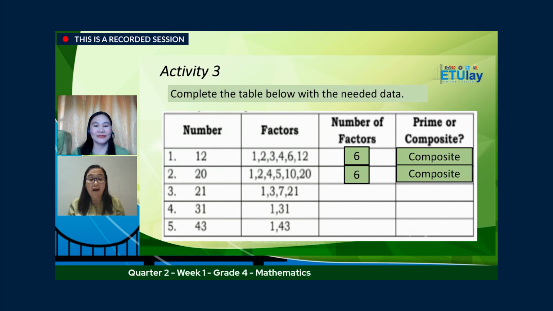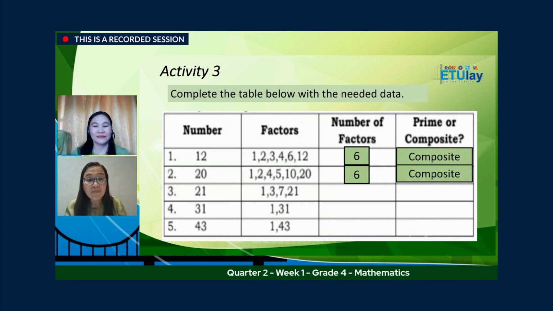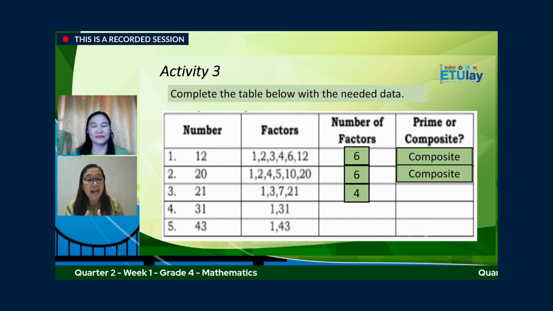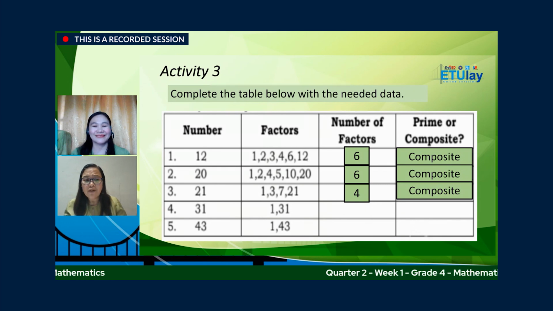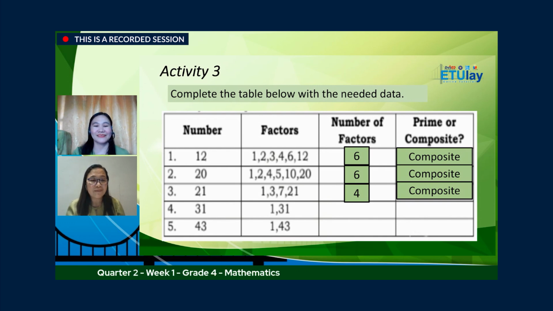The factors are 1, 3, 7, 21. Number of factors is 4. And 21 is a composite number. Very good, children. Tama ang inyong answer for number 4.